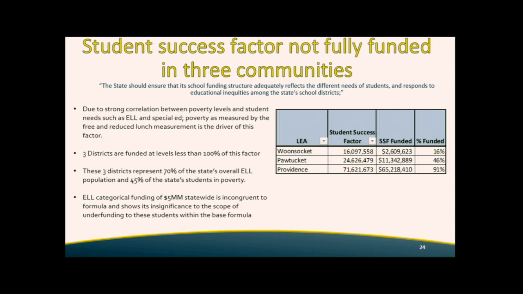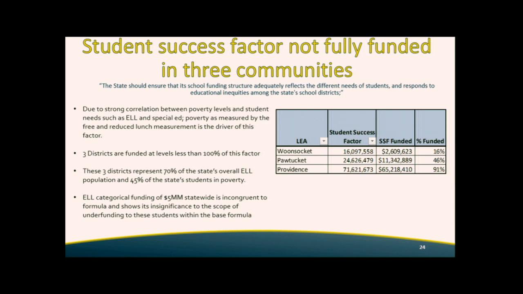It's a very important point because we talk a lot about the results of RICAS when they come out, and we look at those groups, and those results have also driven us to now create a categorical fund. The categorical fund was created under the auspices that there were additional monies needed above and beyond what was in the formula, but these numbers clearly show that even the base numbers in the formula were not there.